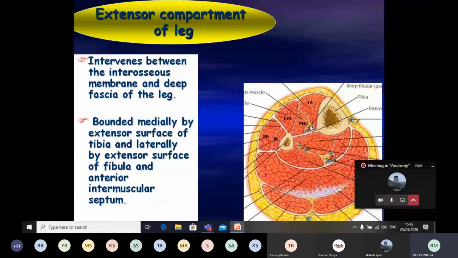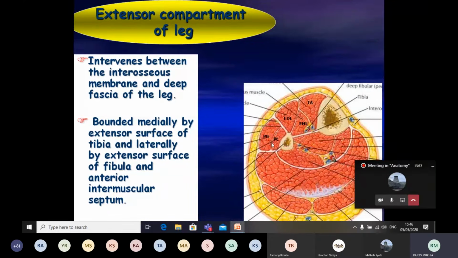What are the boundaries of the anterior compartment of the leg? Anteriorly it is bounded by the deep fascia of the leg, posteriorly by the interosseous membrane, medially by the extensor surface of the tibia bone, and laterally by the extensor surface of the fibula bone and the anterior intermuscular septum. It contains tibialis anterior, extensor digitorum longus, extensor hallucis longus, and peroneus tertius, which is not seen in this figure.